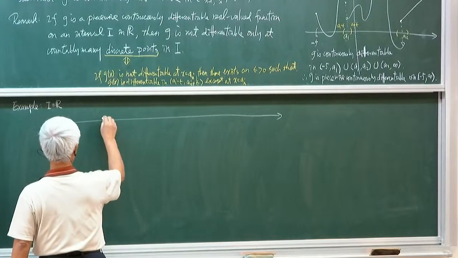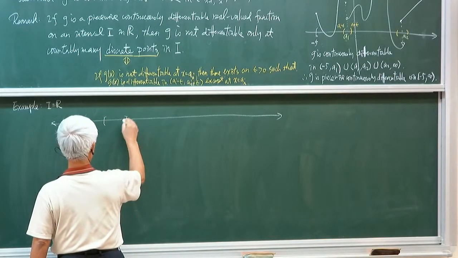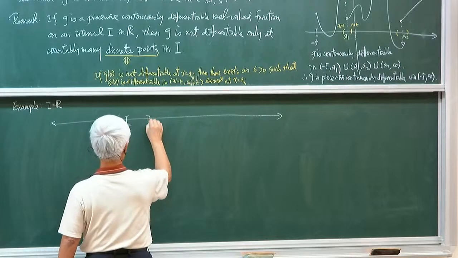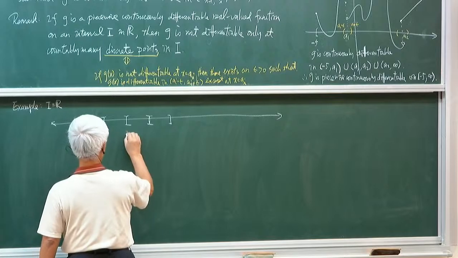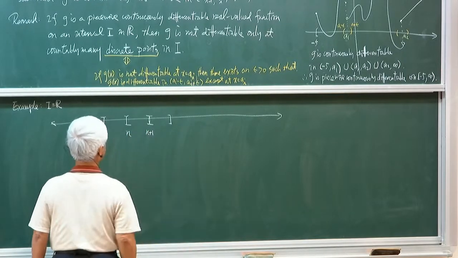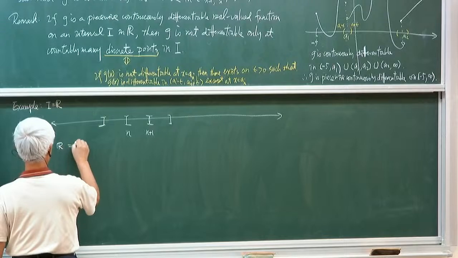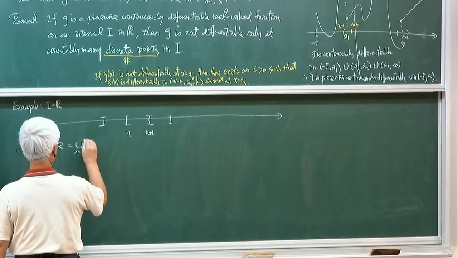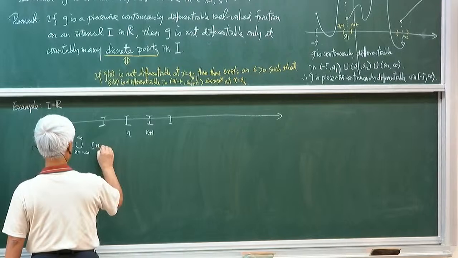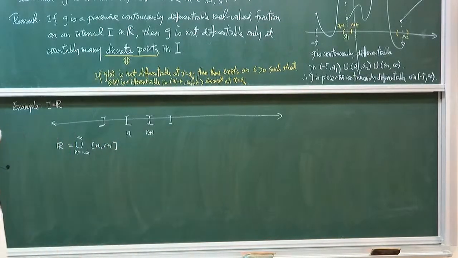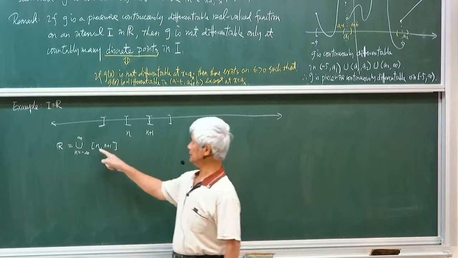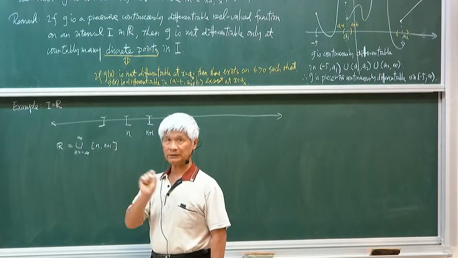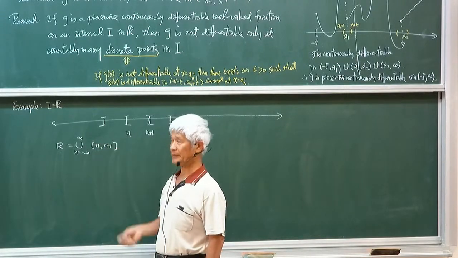You can divide it into intervals from n to n plus 1, etc. So R is the union over n from minus infinity to infinity of [n, n+1]. The whole real line is the union of countably many finite closed intervals.